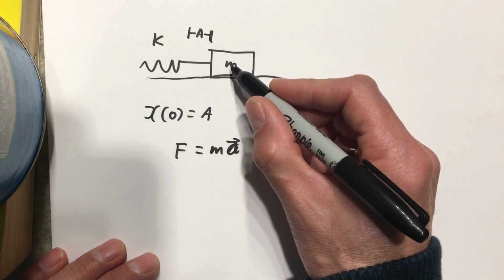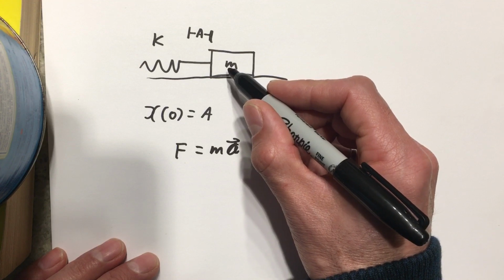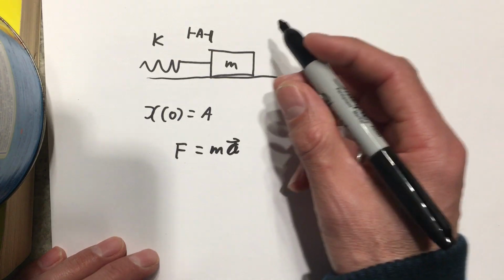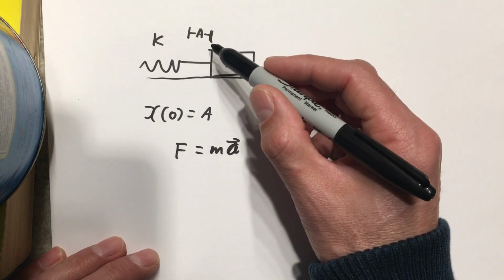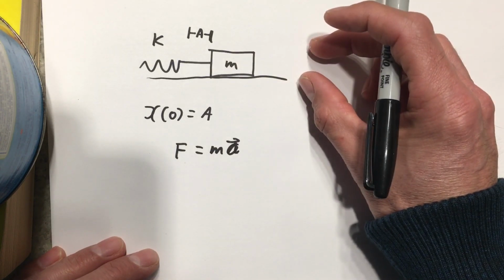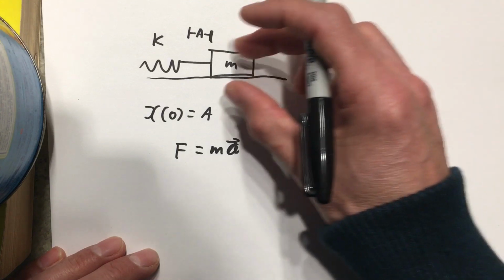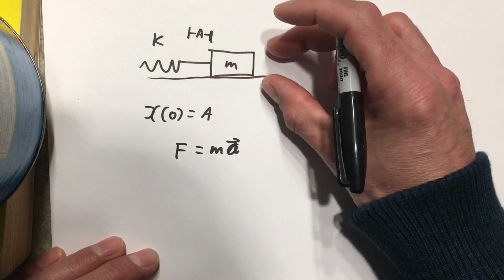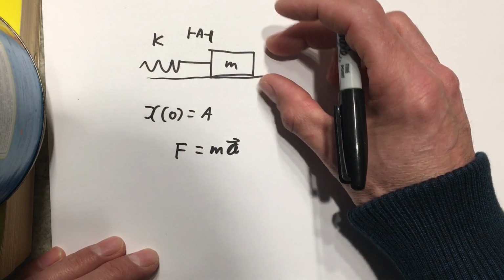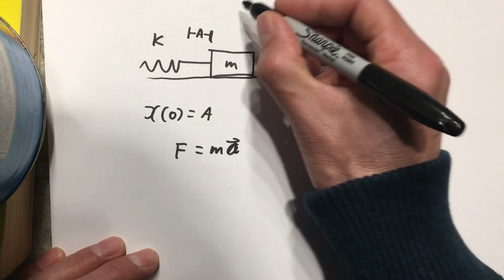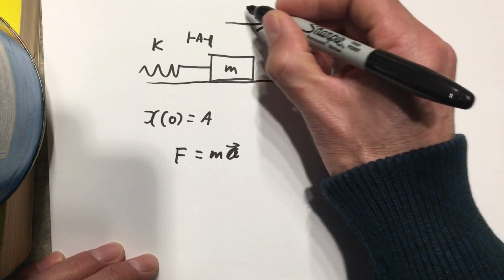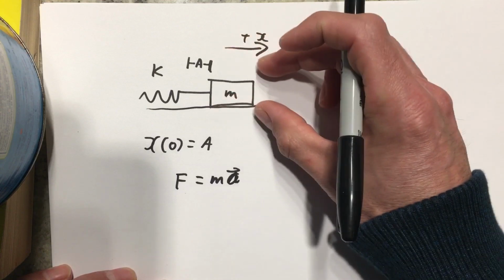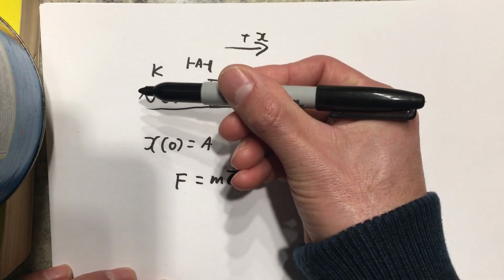Now what is the force on this? According to Hooke's law, the force is k, the constant, multiplied by the distance the spring has been stretched. And notice it's going to be in the opposite direction of the direction where we actually stretched it. See, if I pull it this way, let's say we make this the positive x direction, the force is going to be that way.